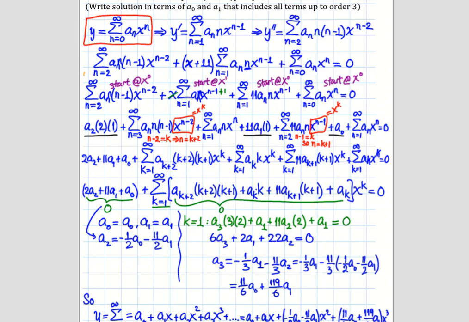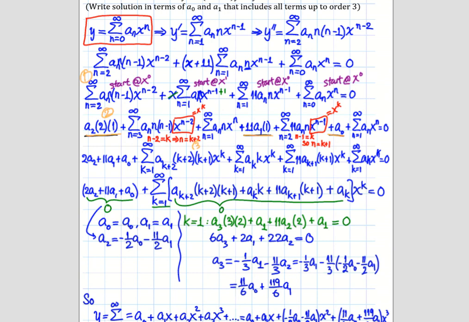First, they have to start at the same power of x, so we change them to start at the first power of x, and then we split every term out so that every series starts at x to the first power. After that, we do the transformation to make sure everything is raised to the power of x to the k. And with that, we combine the series.